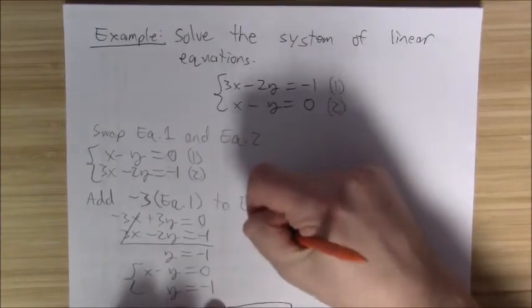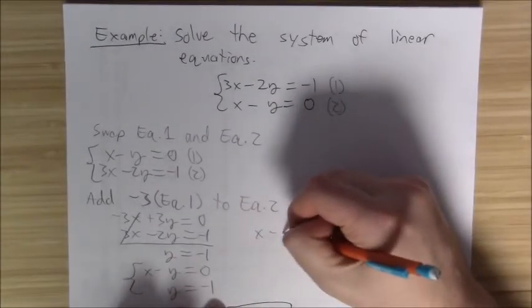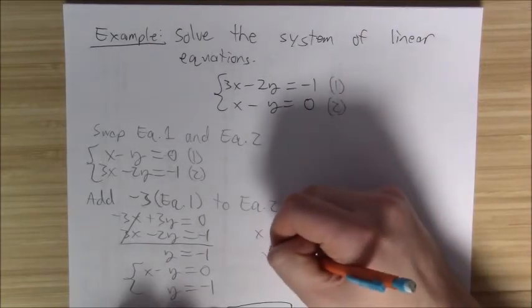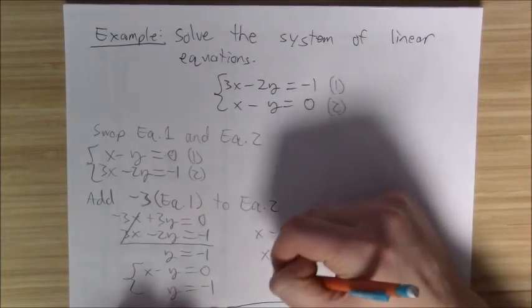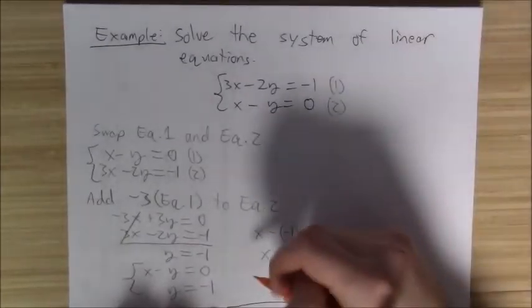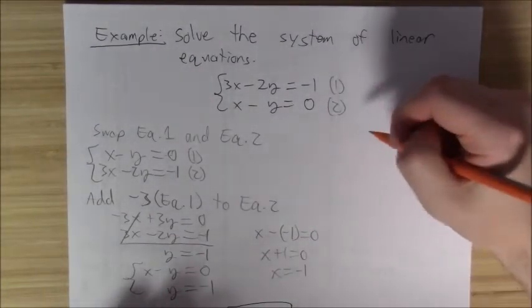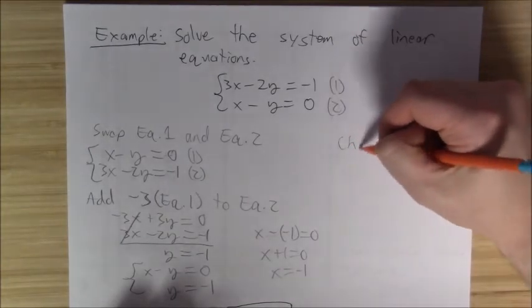We have x minus negative 1 equals 0. That's x plus 1 equals 0, which means x equals negative 1. So we believe the solution should be (-1, -1).